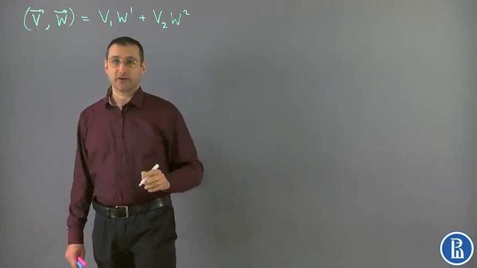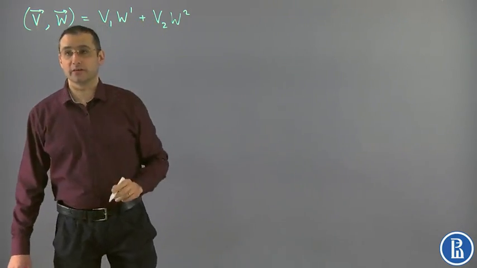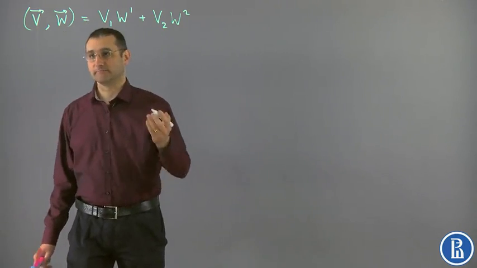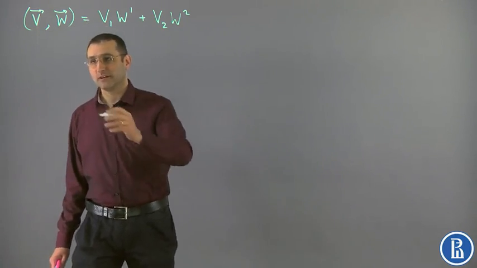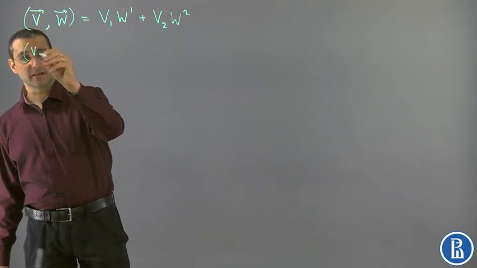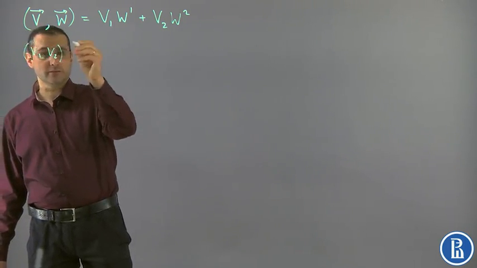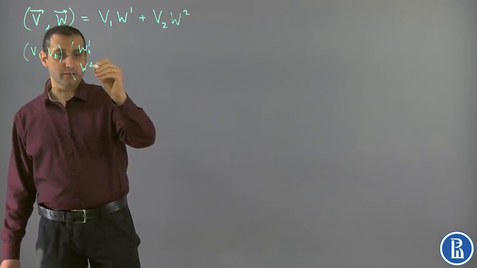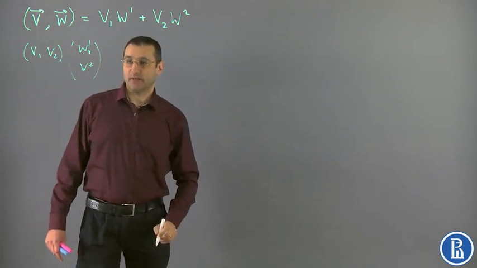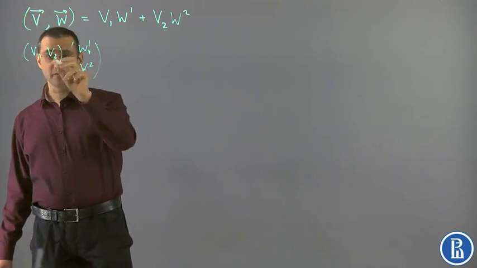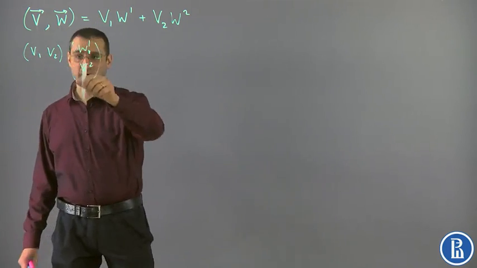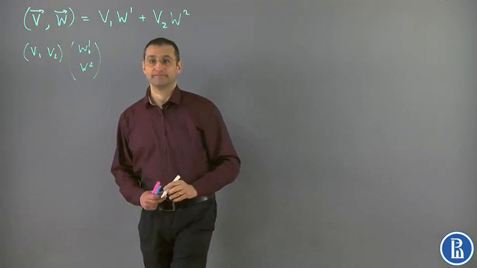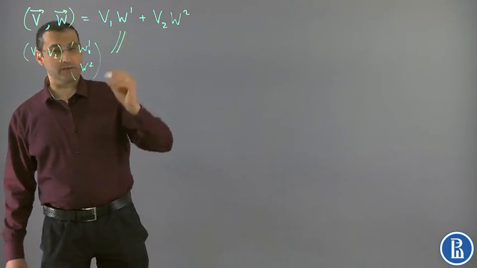Let me stress why I use upper and lower indices. In this case it is in a sense meaningless, but just to stress that we have something like the row V1, V2 multiplying the column W1, W2. For the row, we use a lower index. For the column, we use an upper index. So this is equivalent to this one.